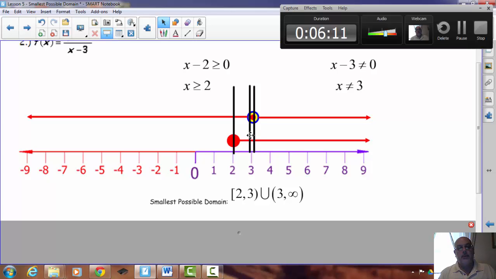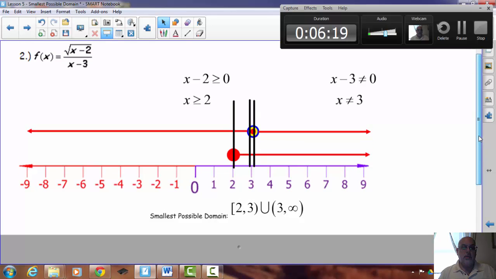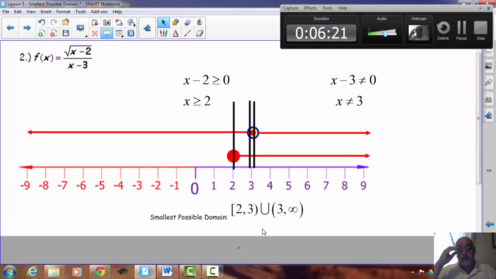Then we're going to hop over 3, and everything to the right of 3 will work in both numerator and denominator. So when I put these in interval notation, you'll notice I put a union sign because it's all these values from 2, including 2, to just before 3, and everything to the right of 3. They're all possible values for the domain.